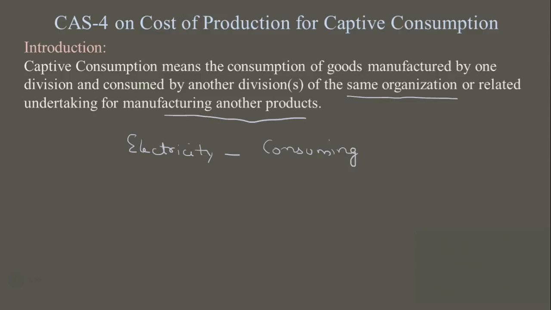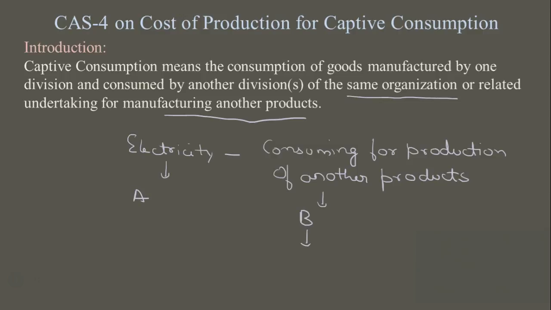So this is known as captive consumption. Okay guys, this is quite simple. It is produced by, suppose, unit A and it is consumed by unit B for production of another goods, suppose biscuits. So this is the example of captive consumption. Is it clear guys? Most simple.